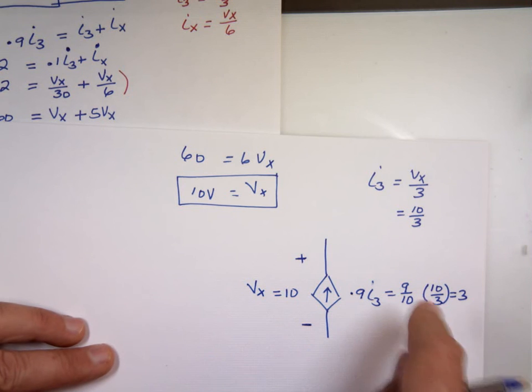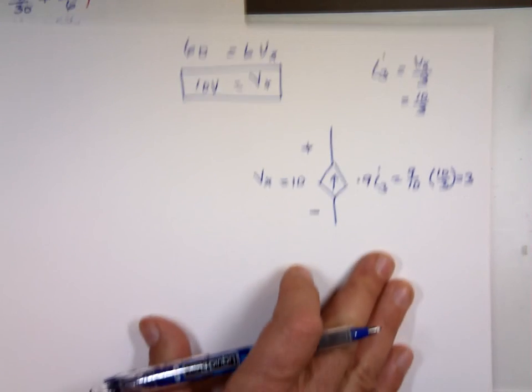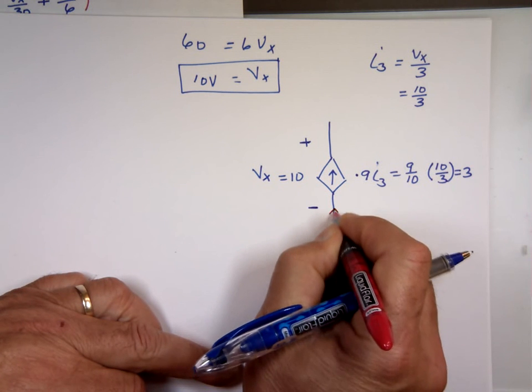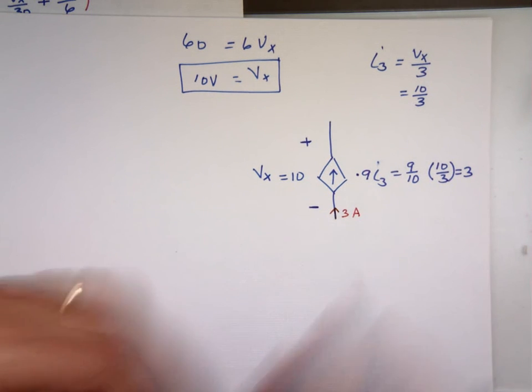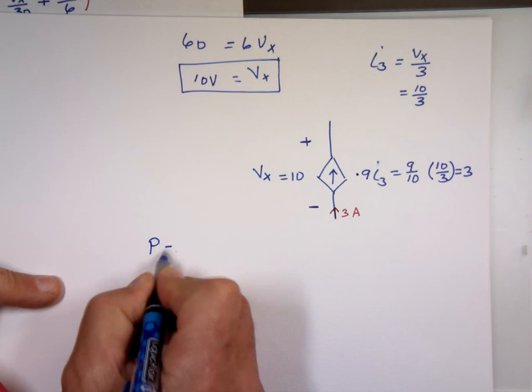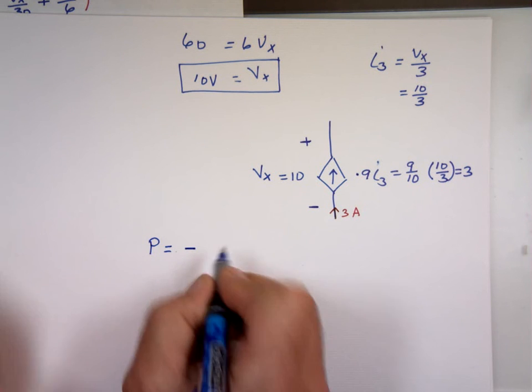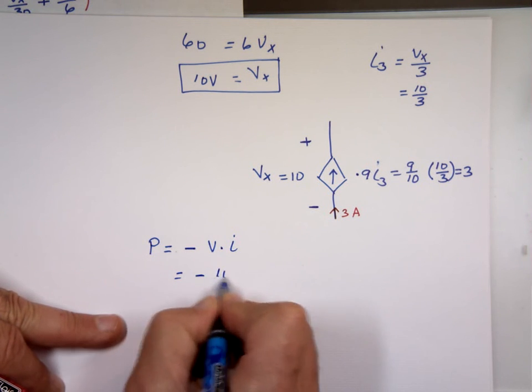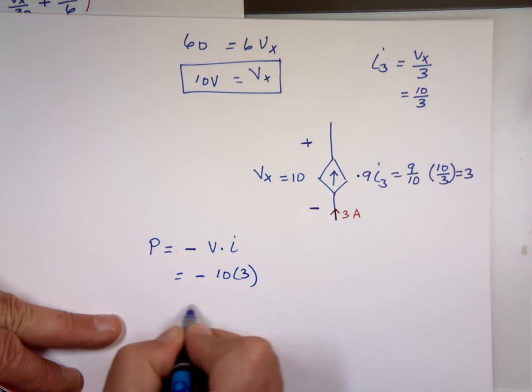So the power, notice we have a current going this way. We have 3 amps going this way. The 3 amps is entering which end of it? Negative. So the power is going to be what? Negative supplied. V times I. 30 watts supplied.